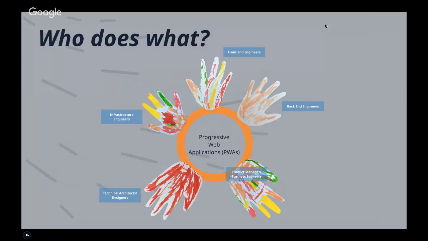And the backend engineers and infrastructure engineers also contribute to the entire app itself, because for progressive web apps, you have to break your web apps into different pieces. And most of the time you rely on API calls, which will be written by backend engineers.